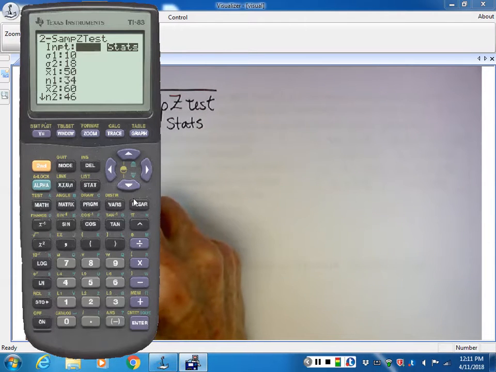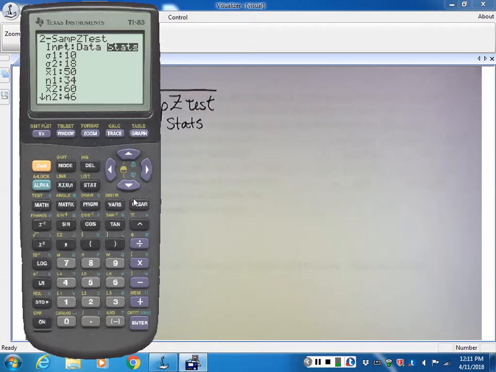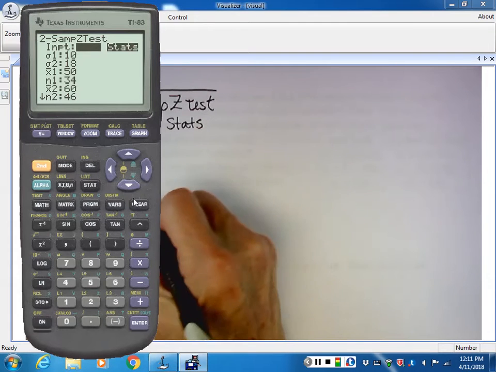And then for model B, same information, 60 and 46.